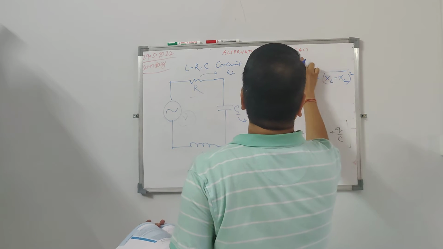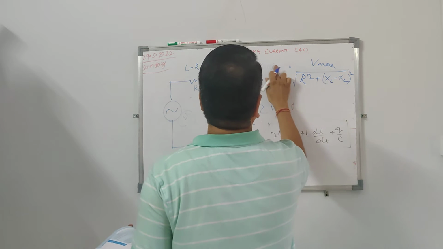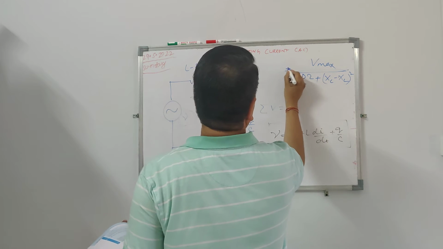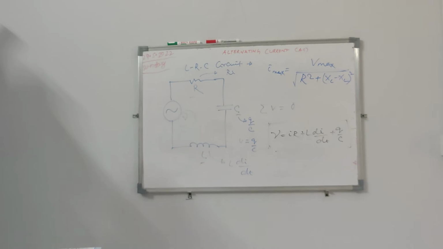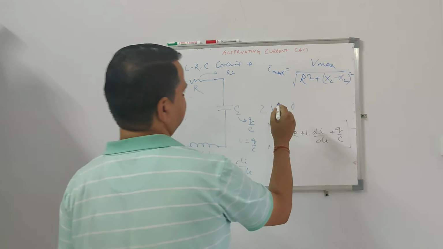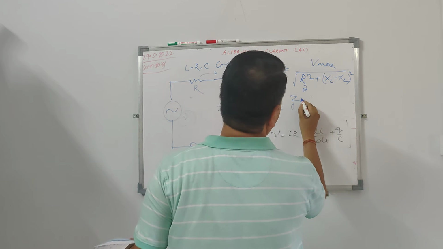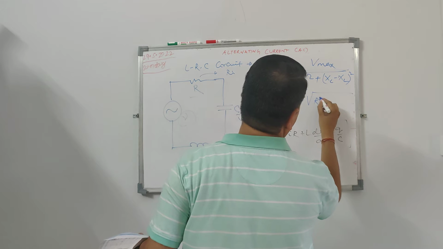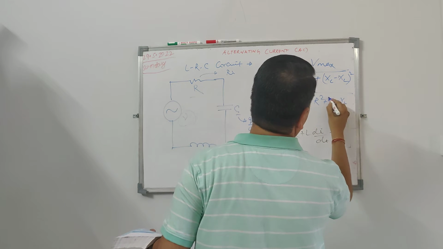So I max is equal to V max divided by the square root of R square plus (XC minus XL) whole square. This whole term is called Z, impedance. Z is equal to the square root of R square plus (XC minus XL) whole square.